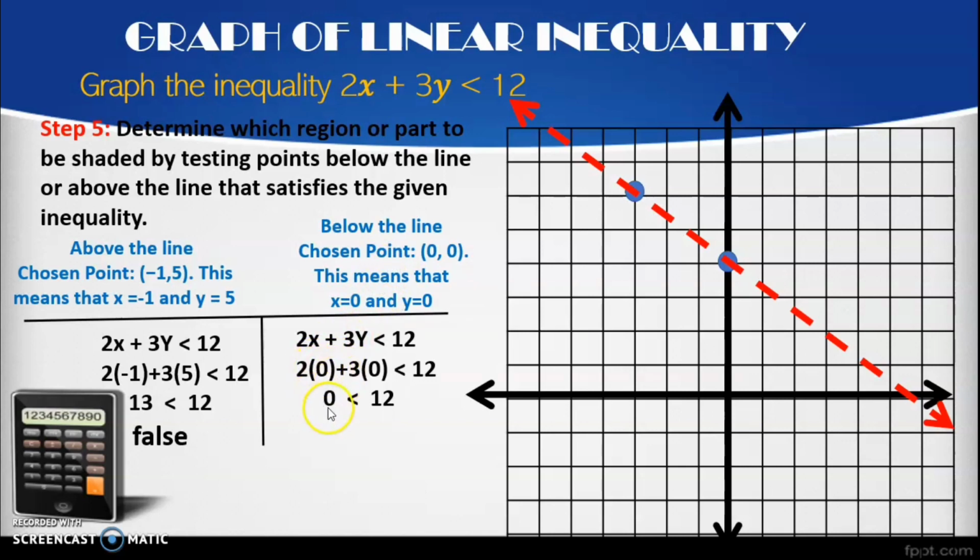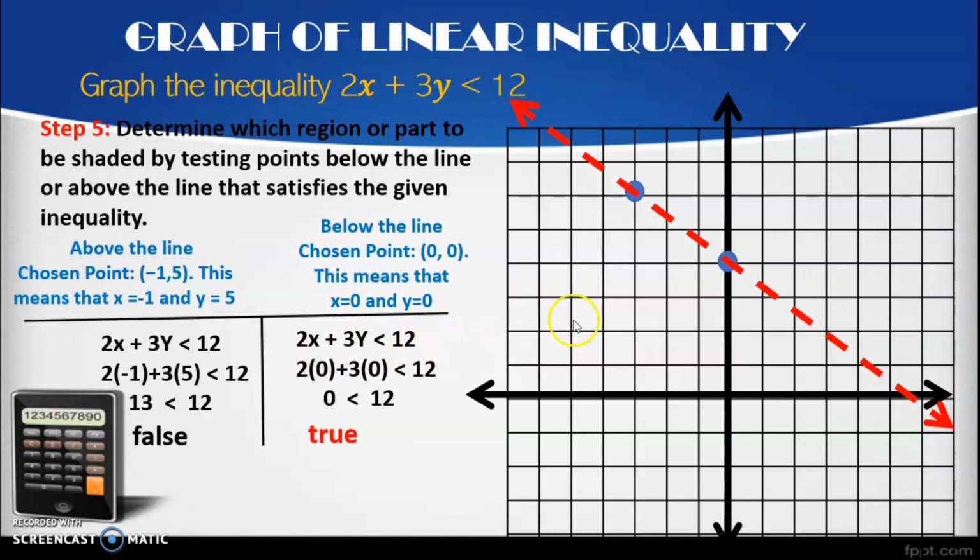So 2 times 0 is equal to 0 plus 3 times 0 is equal to 0. So 0 less than 12. And that is true. So meaning the ordered pair 0 and 0 satisfies our inequality 2x plus 3y less than 12.